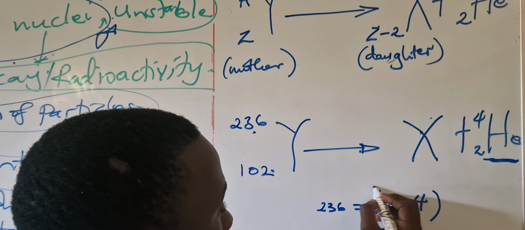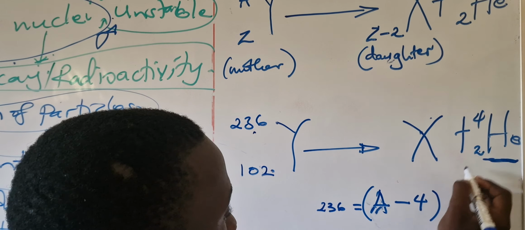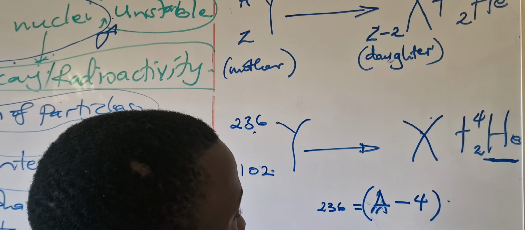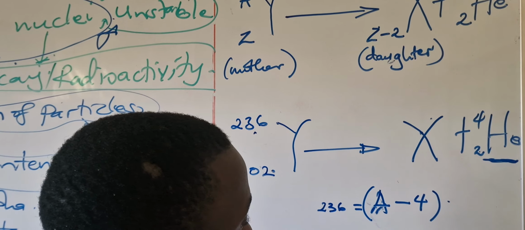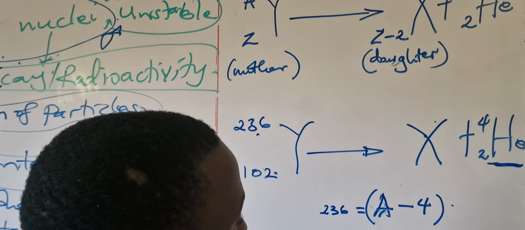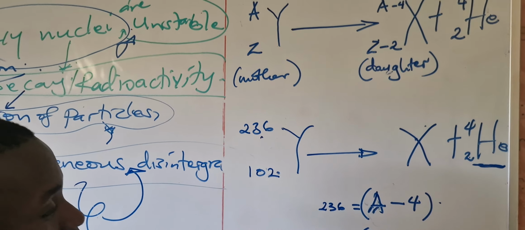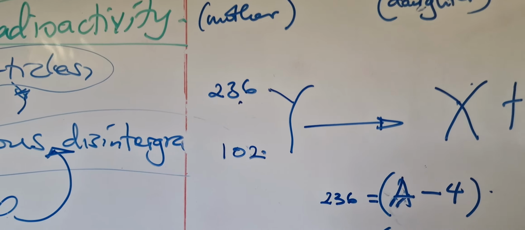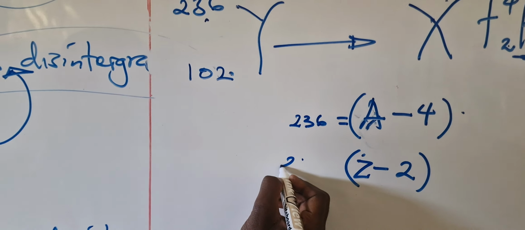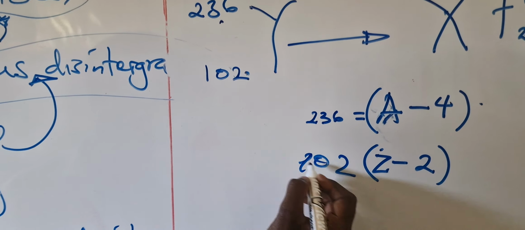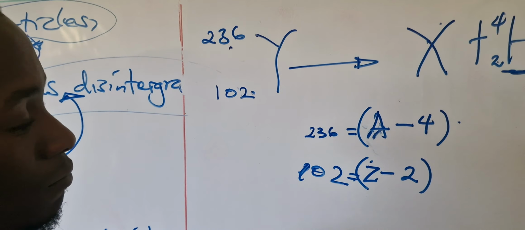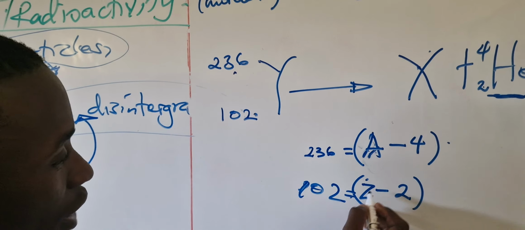And then to get Z, it will be reduced by 2, from 102. So we shall collect like terms.